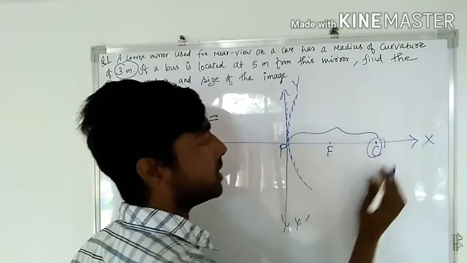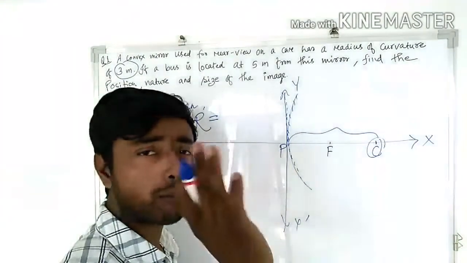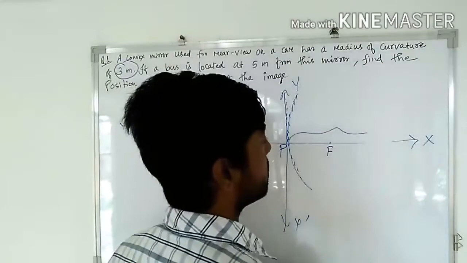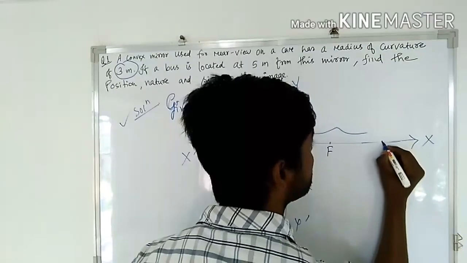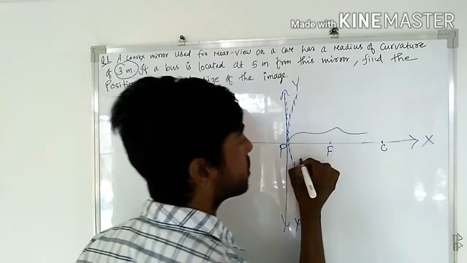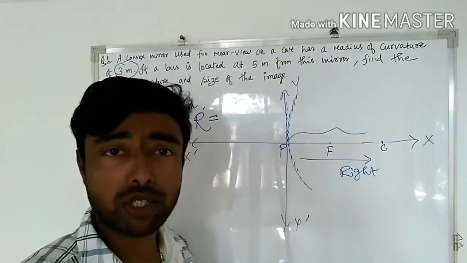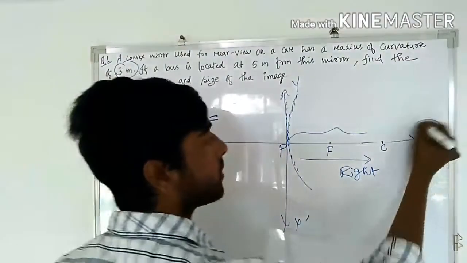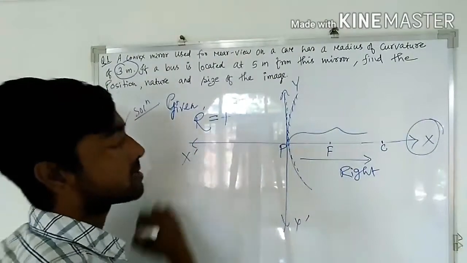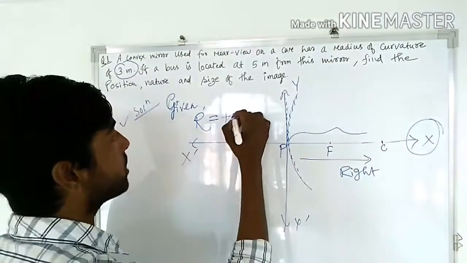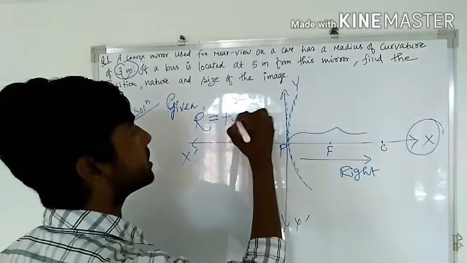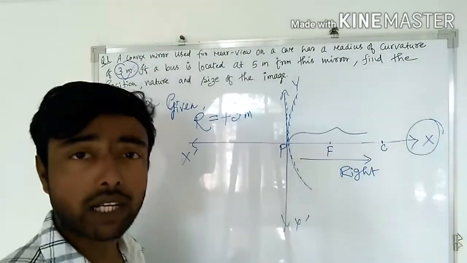To get the point C, in which direction do you have to go from point P? You have to proceed towards C from P towards right. As it is going towards right, it is the positive x-axis. So you need to write plus. Plus 3 meter. Understood? Sign convention understood?